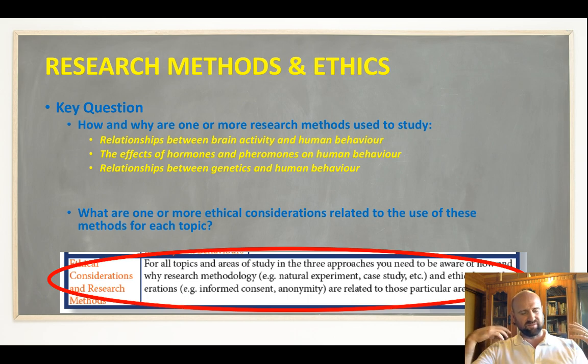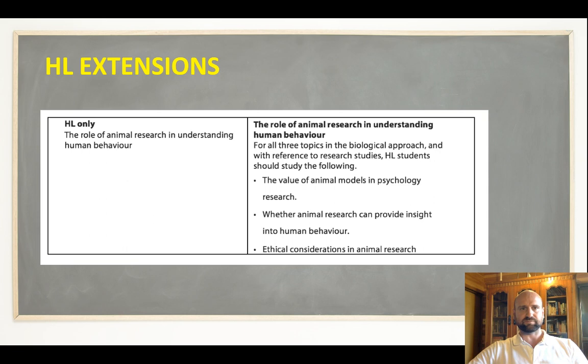So they've needlessly added a lot by linking research methods and ethics with topics and not the whole level of analysis or approach. But we can work around that. We can find the overlaps to make it as clear and straightforward as it was in the old guide.